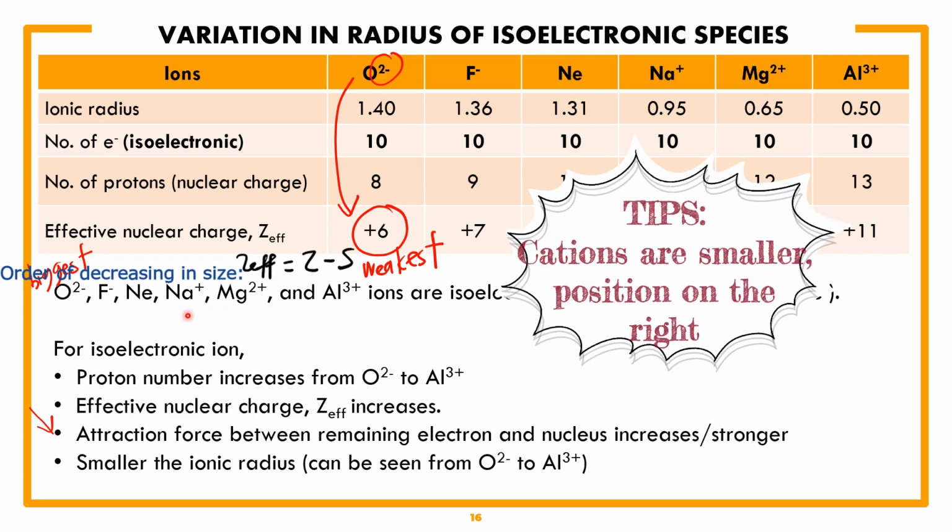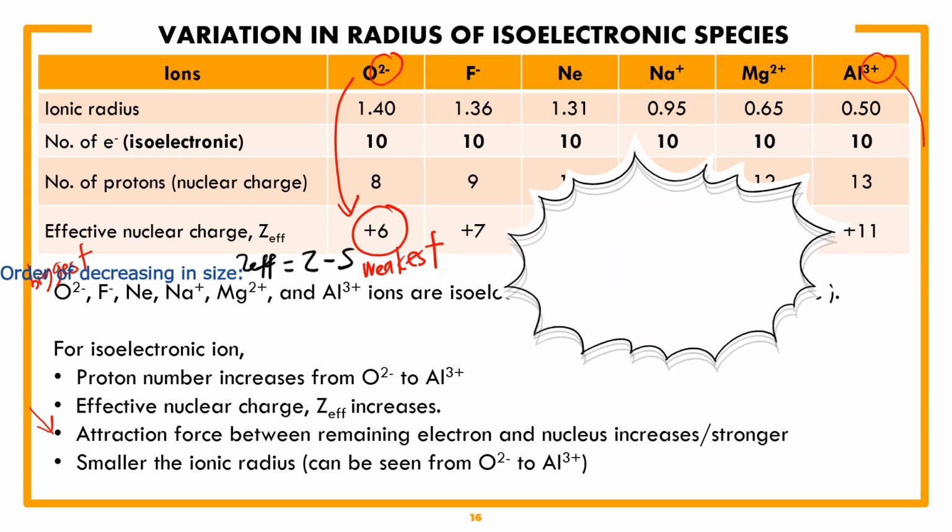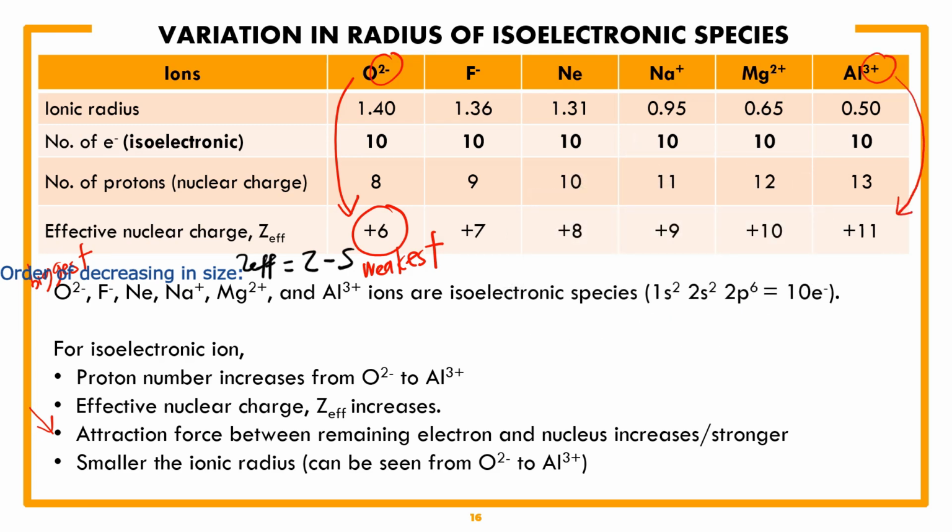So dalam arrangement of the cation, the more positive the value of the cation, so this will be the smallest cation, the smallest radius. So that's why kita akan susun bermula daripada +1, 2+, dan juga 3+. The more positive the cation, ini bermaksud the value of the effective nuclear charge ZEF is the highest.